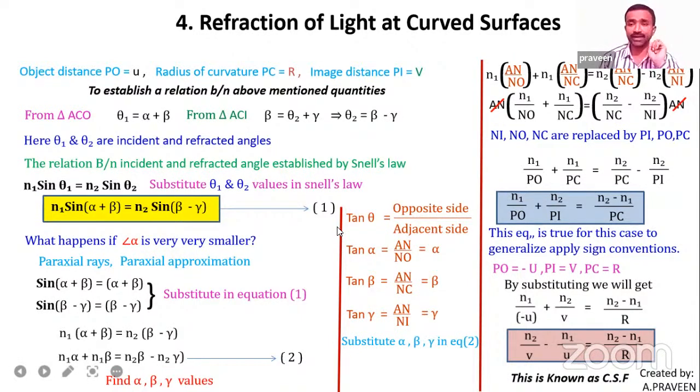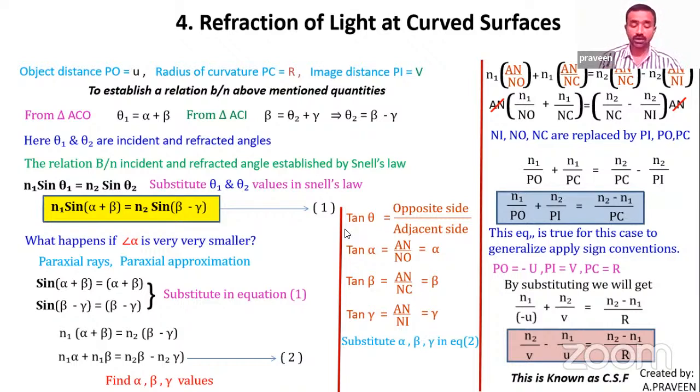Here, r is the radius of curvature of a given curved surface. If that r is equal to infinity, what happens? For which surface will we take r equal to infinity? Simple.